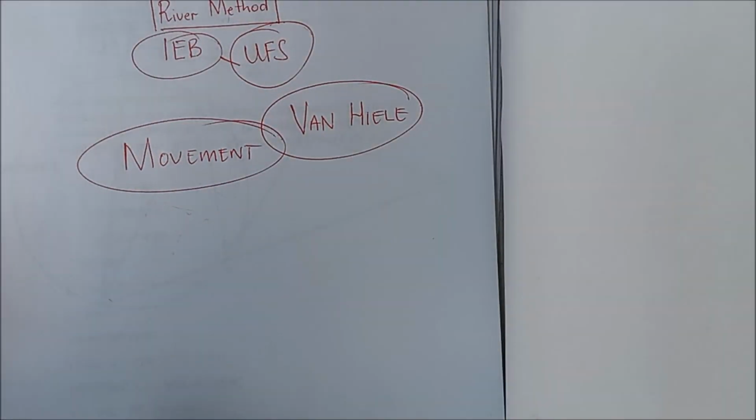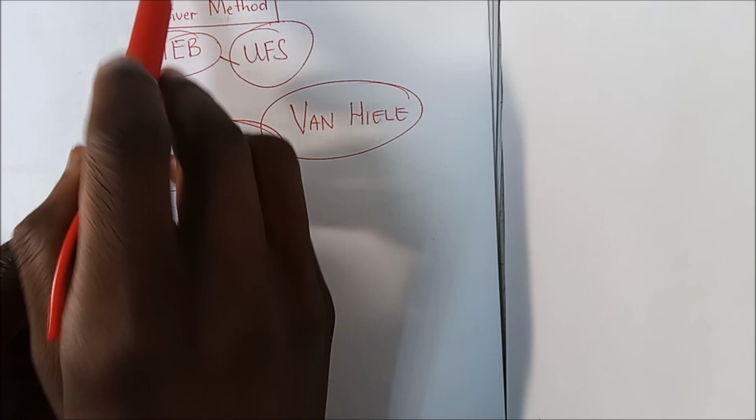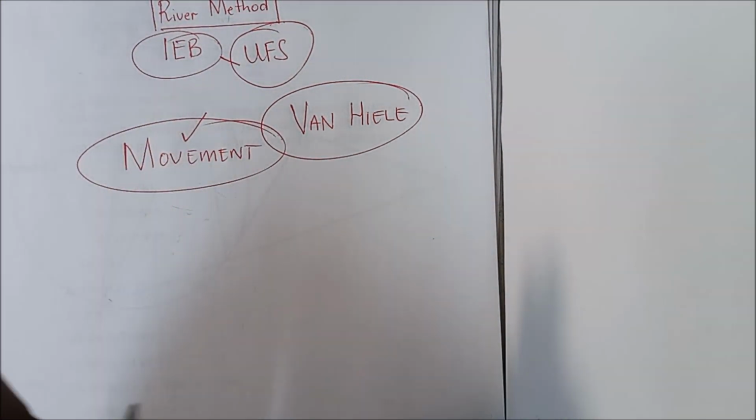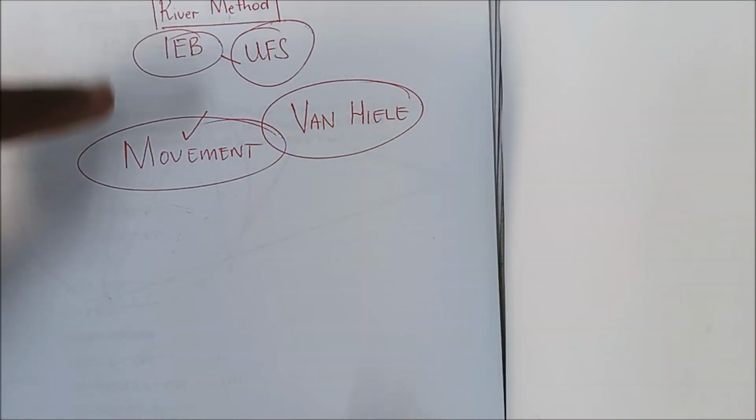Let me not be theoretical. Henry Walton referred to geometry as movement, more like moving from point A to point B. So I want to introduce you to his idea of the river method.